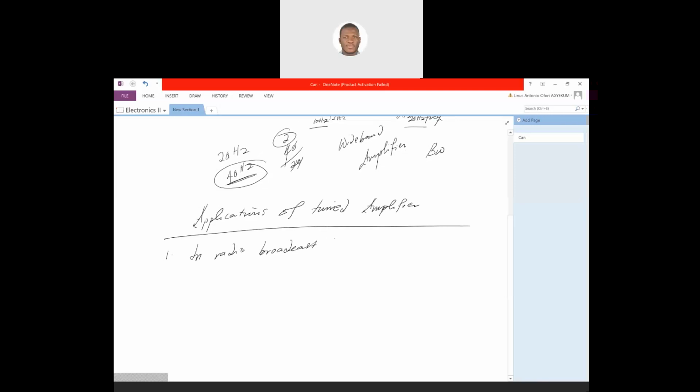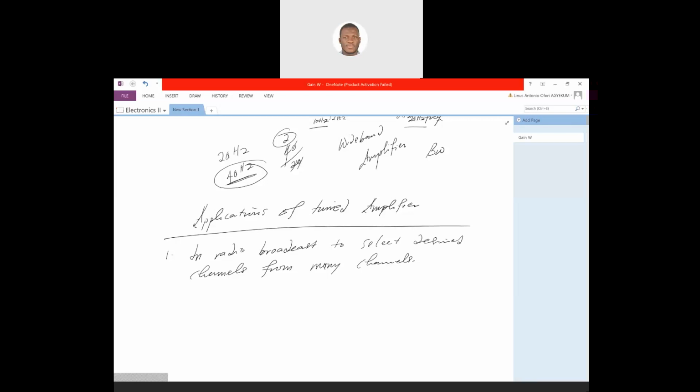Number one, it is used in radio broadcast to select desired channels from many channels, okay?